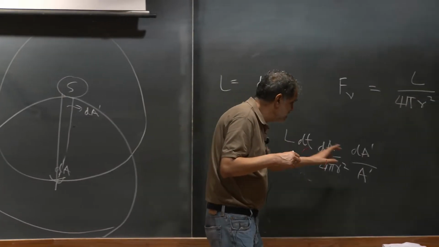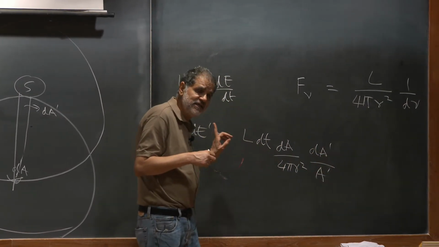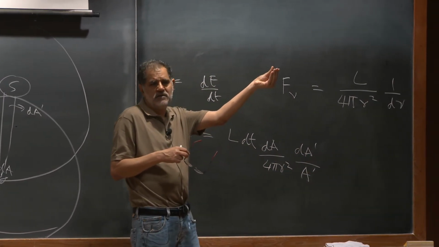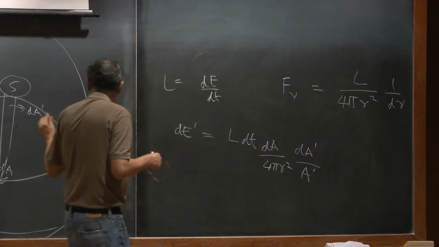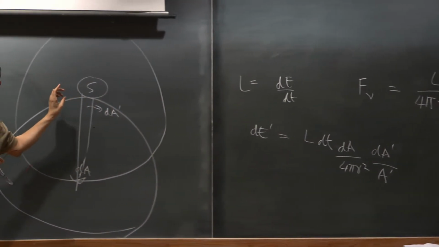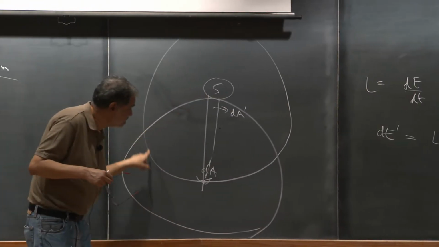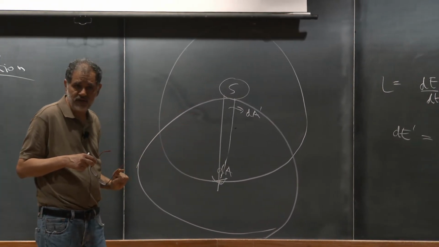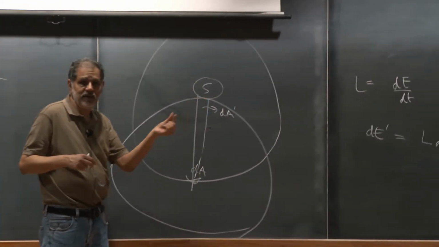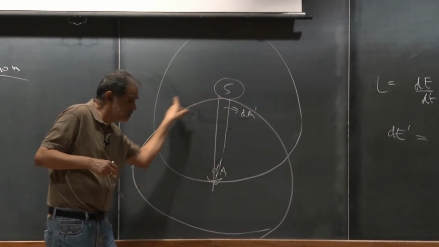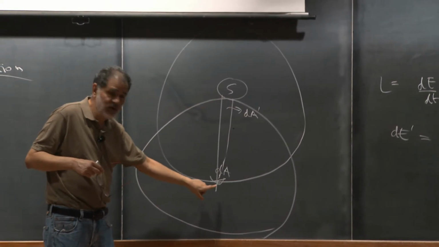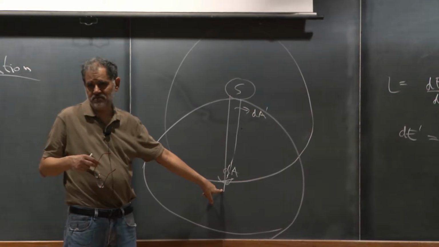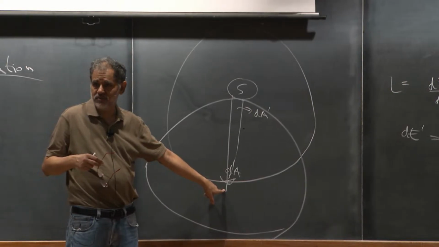So, this is the amount of energy that is intercepted from a small part of this, right. And I have drawn this sphere to indicate the following, that I am actually intercepting a small solid angle of this sphere that is drawn with the telescope at the center. Is that clear to you?